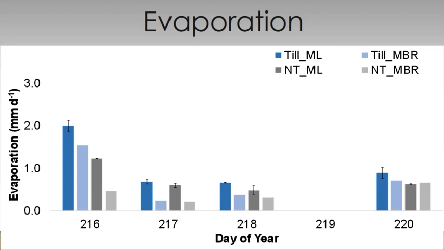As you remember, soil heat flux and net radiation were similar, so the available energy to evaporate water during this period was similar between till and no-till soil surfaces, along with water contents. That's why I believe that the soil surface and soil physical properties would have had the largest effect on evaporation during the period.